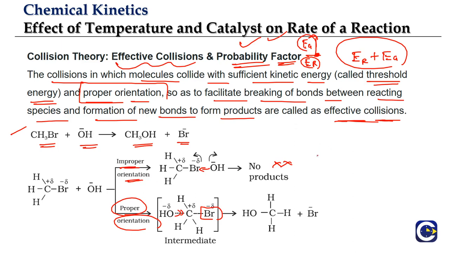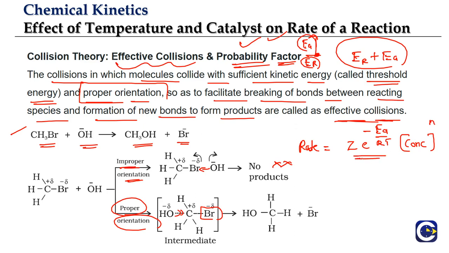So the rate of the reaction will now be expressed in terms of, previously we had Z e power minus Ea by RT into the concentration term. We are not talking about the concentration term much because that is related to the order of the reaction. So we'll have concentration power n.